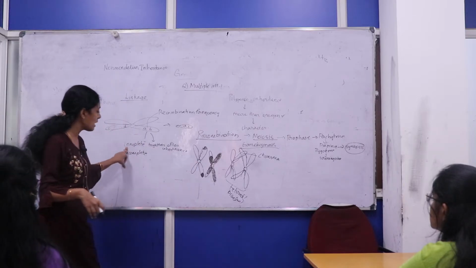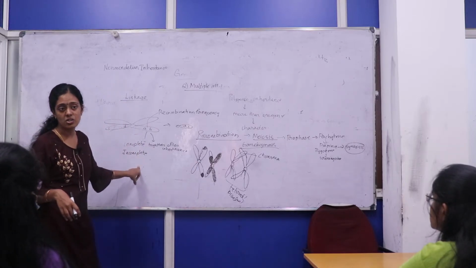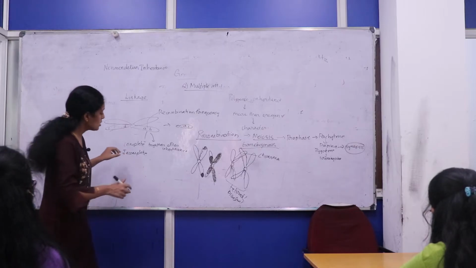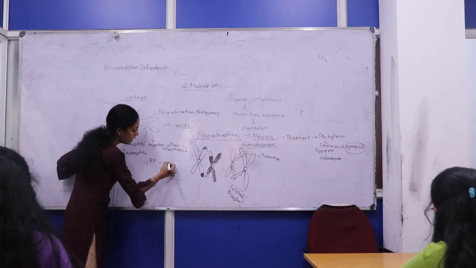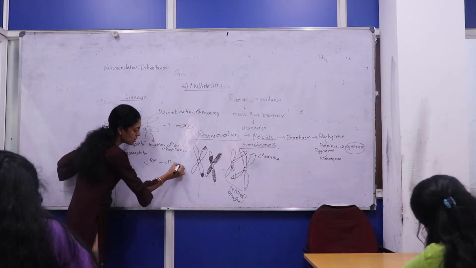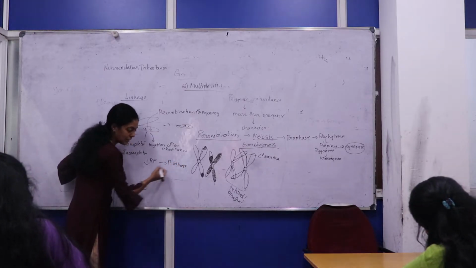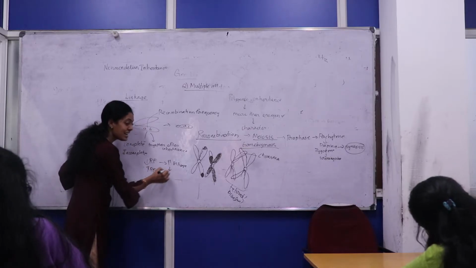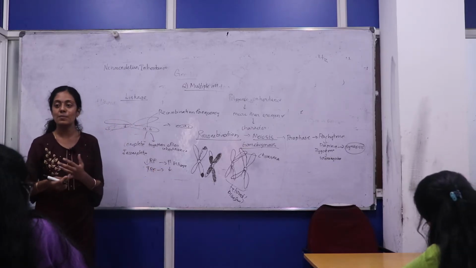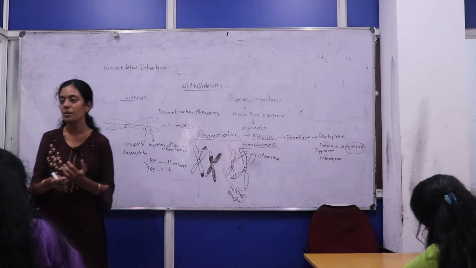In that case, you will have incomplete linkage. Lesser the recombination frequency, greater the chance of complete linkage. Greater the recombination frequency, there is a very less chance that the genes will be linked with each other.